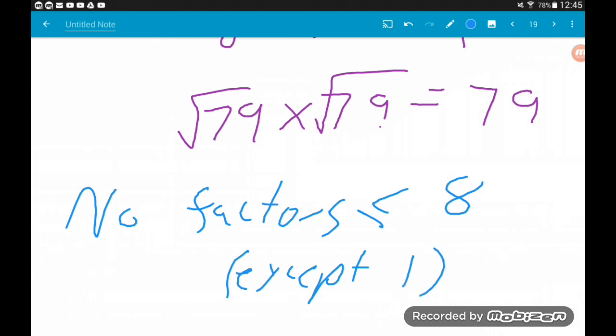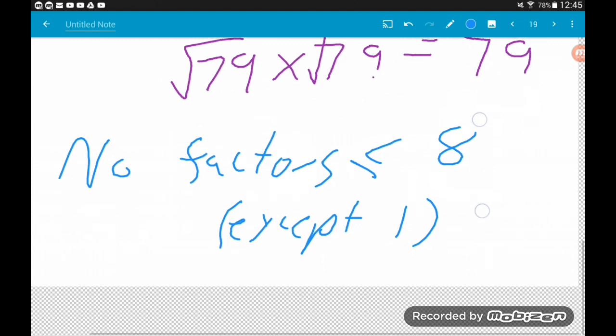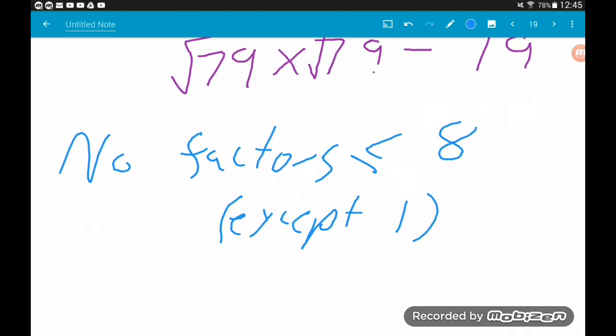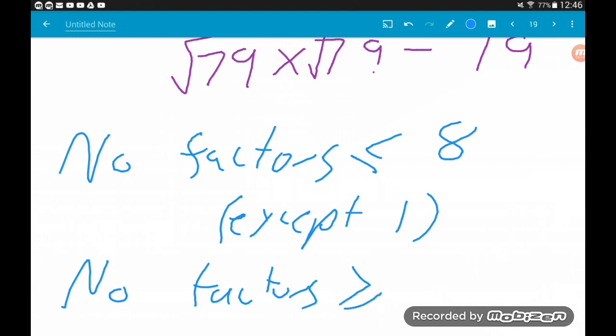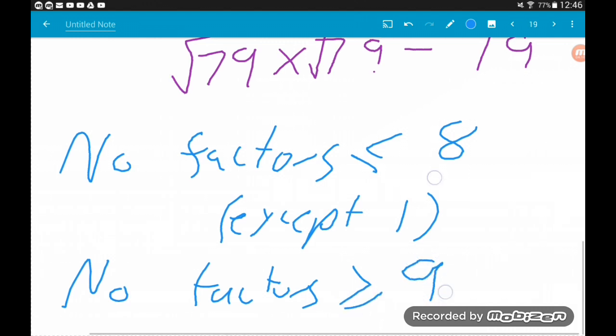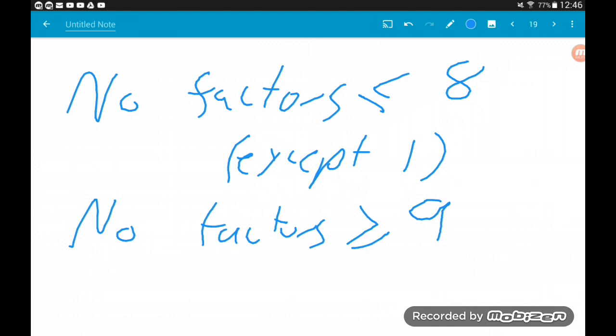So if there are no factors less than or equal to 8, then that tells us there can be no factors greater than or equal to 9, except 79.